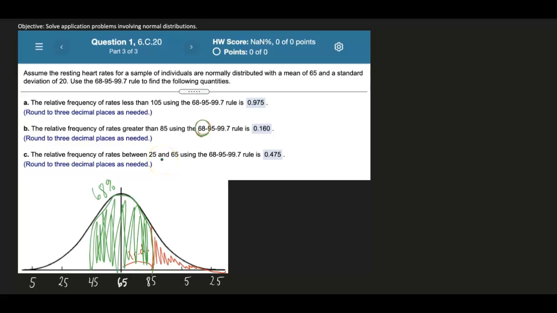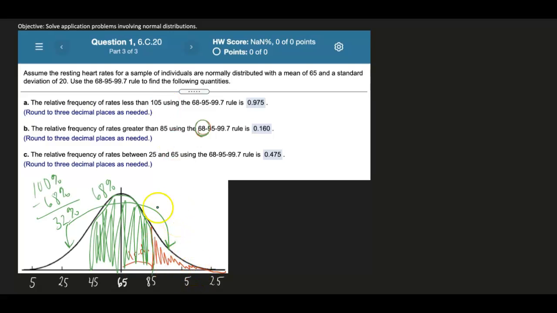So again, let's use some geometry and some symmetry to find what's left in red. If that 68% is what's here in the middle, and the entire curve is 100%, let's do 100% minus 68% to see what's left. And what's left is 32%. That 32% represents together both tails on the left and the right.